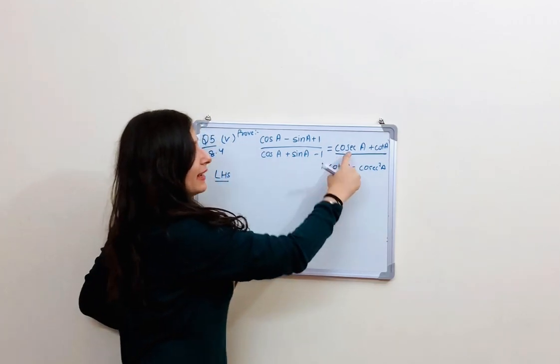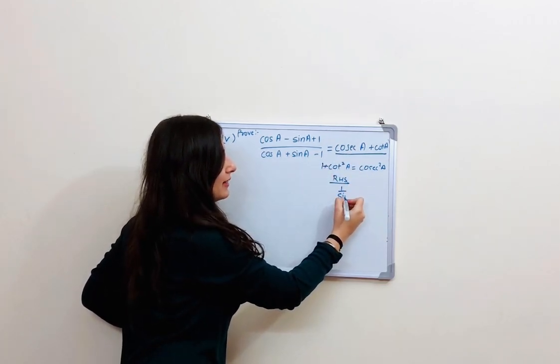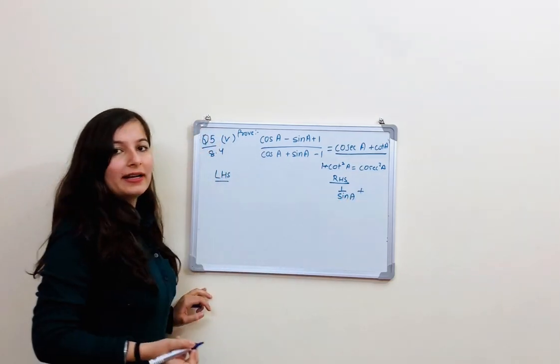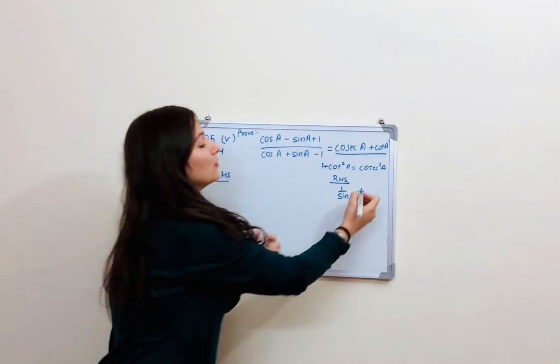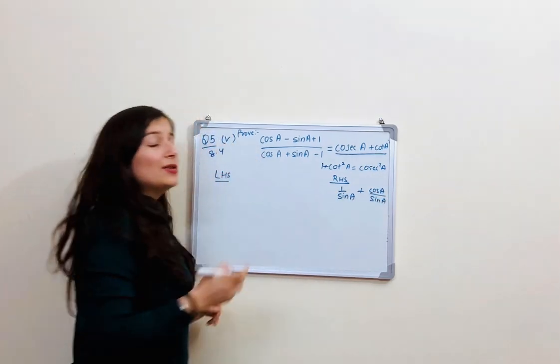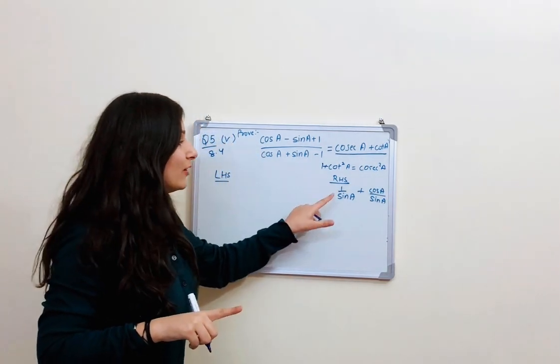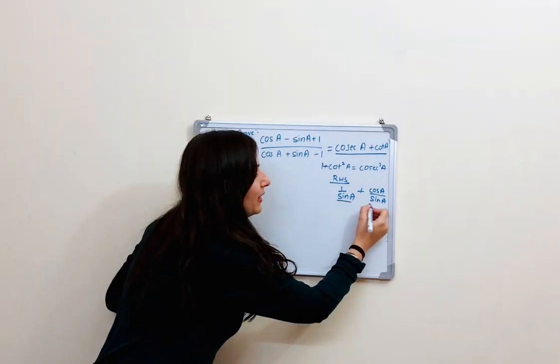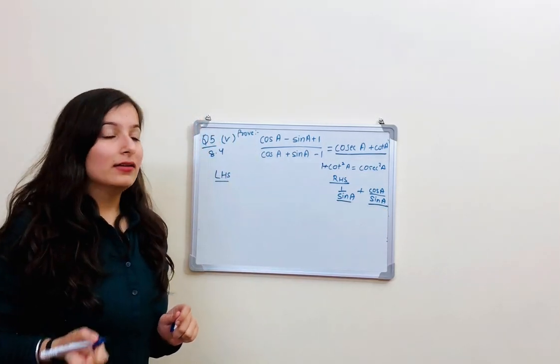RHS is cosec A, which can be written as 1 by sin A, and cot A is cos A upon sin A. As you can observe, everything on RHS in denominator has sin A, correct?